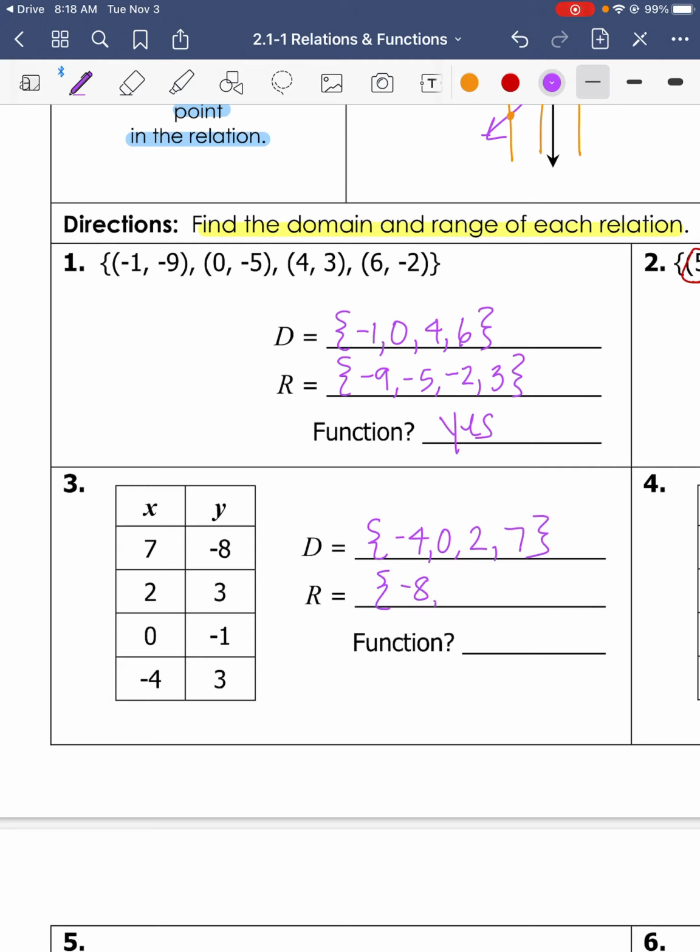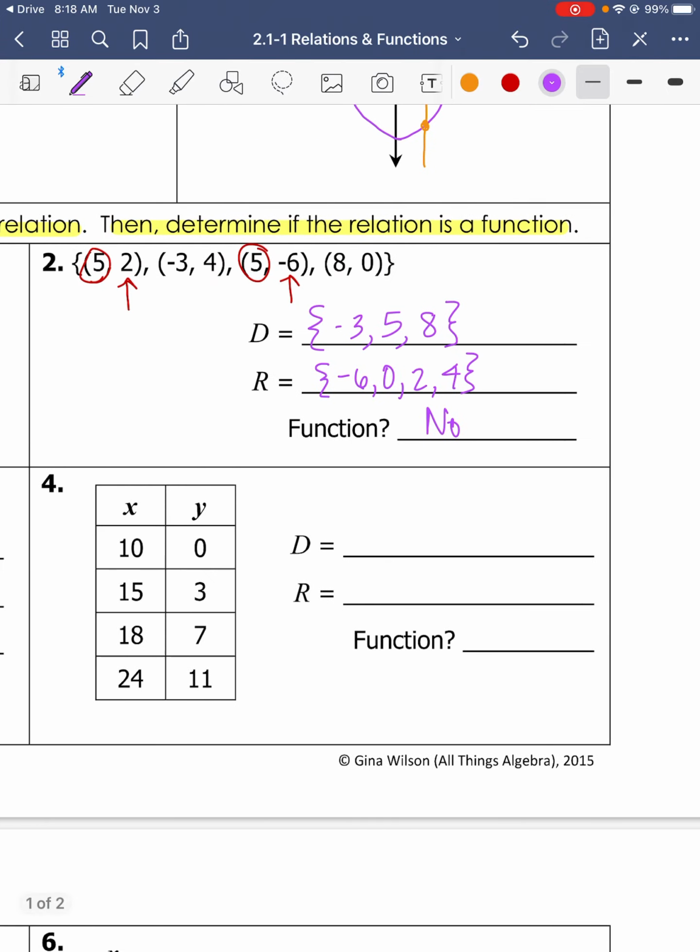And then for the range, we have -8, -1, and then there are 2, 3 values, so we just need to write it once. And is this a function? First, are there any duplicate x's in here? There's not. They're all different x's, so we couldn't possibly have more than one y value. So yes, this is a function.